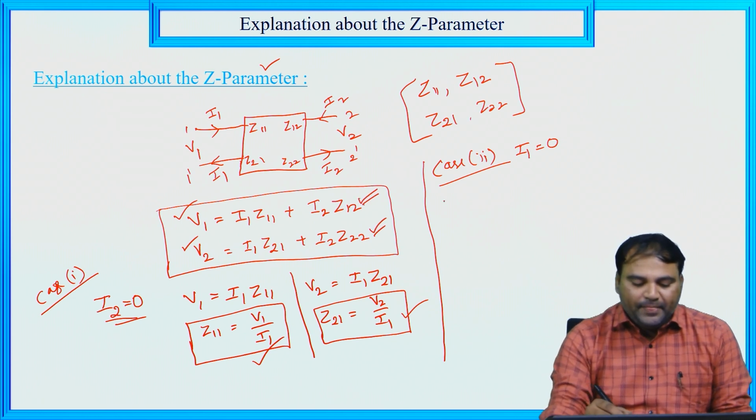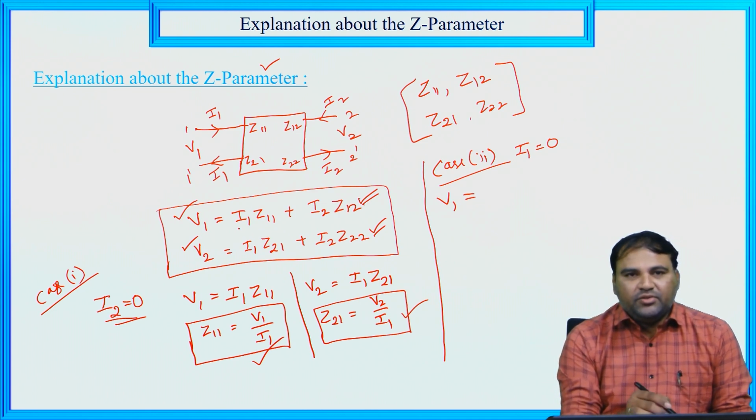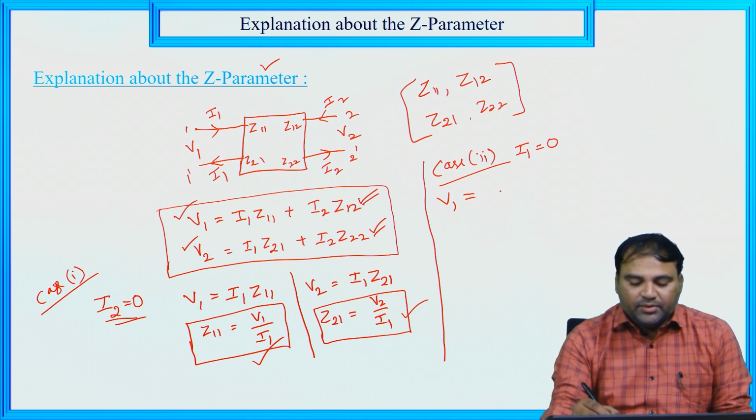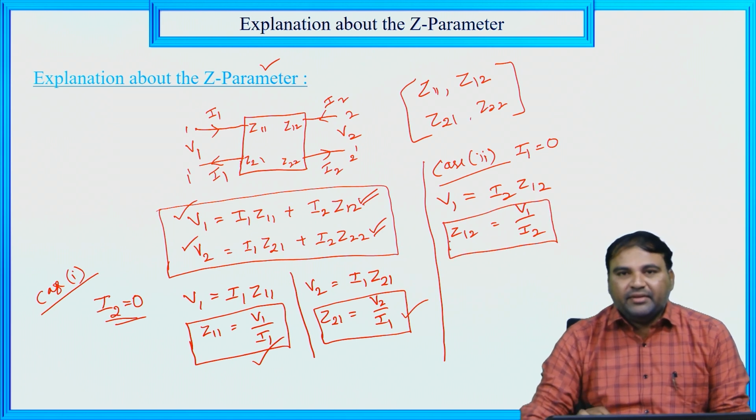So then we will get V1 equal to, so I1 value is 0. So 0 into Z11, 0. So remaining term I2 Z12. So V1 equal to I2 Z12, then Z12 equal to V1 divided by I2. Here is the third parameter equation.